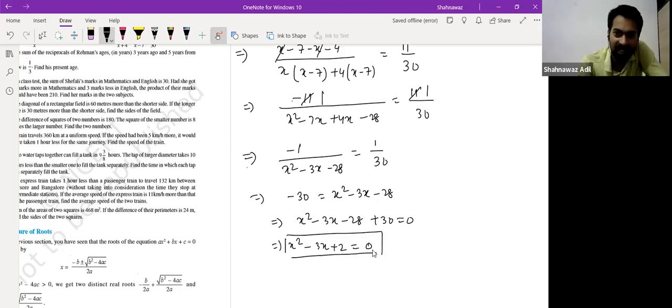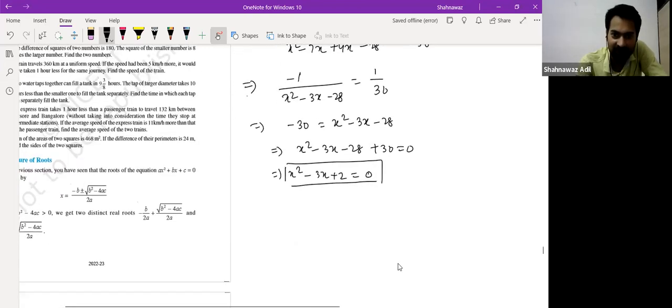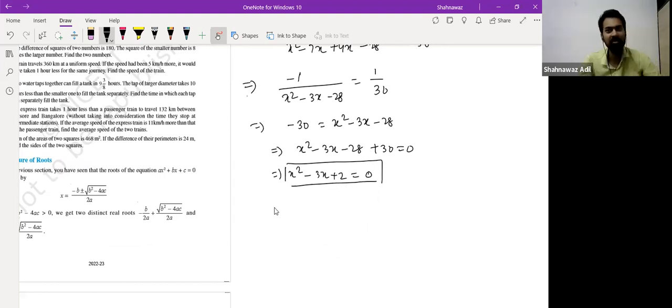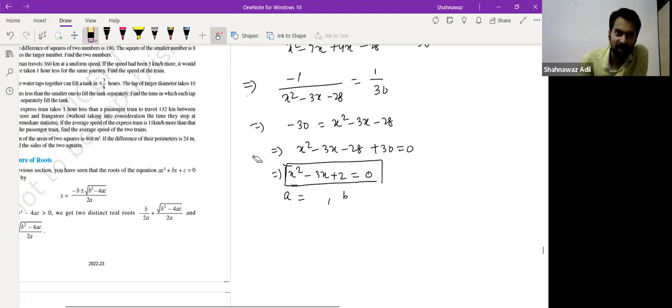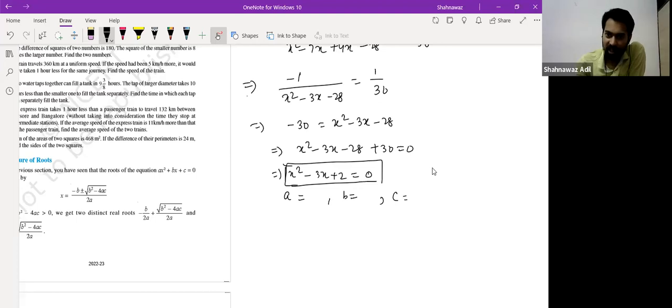Now we will use this quadratic formula, right? So Hamad, what are A, B, and C? A, B, and C are how much? A equals 3x? Whenever I ask you, just compare with this equation, right?